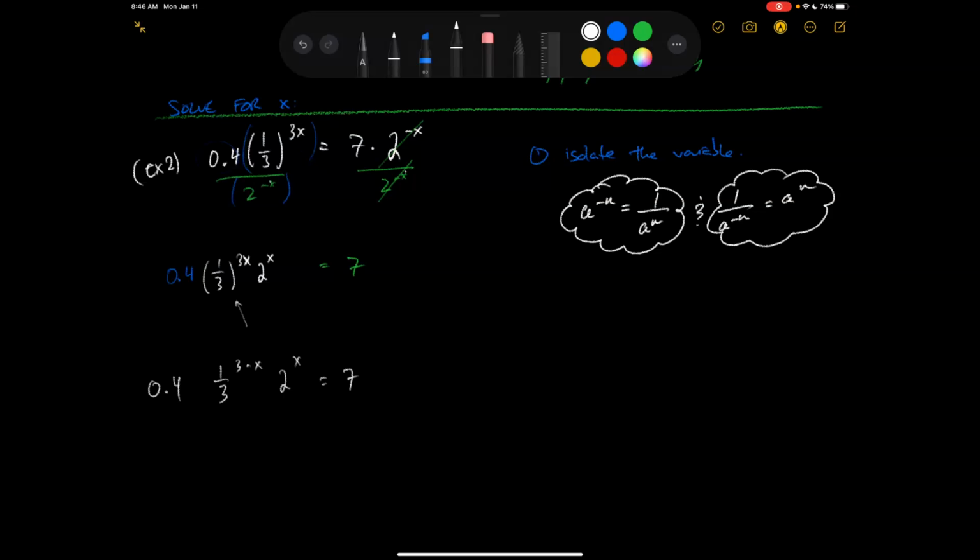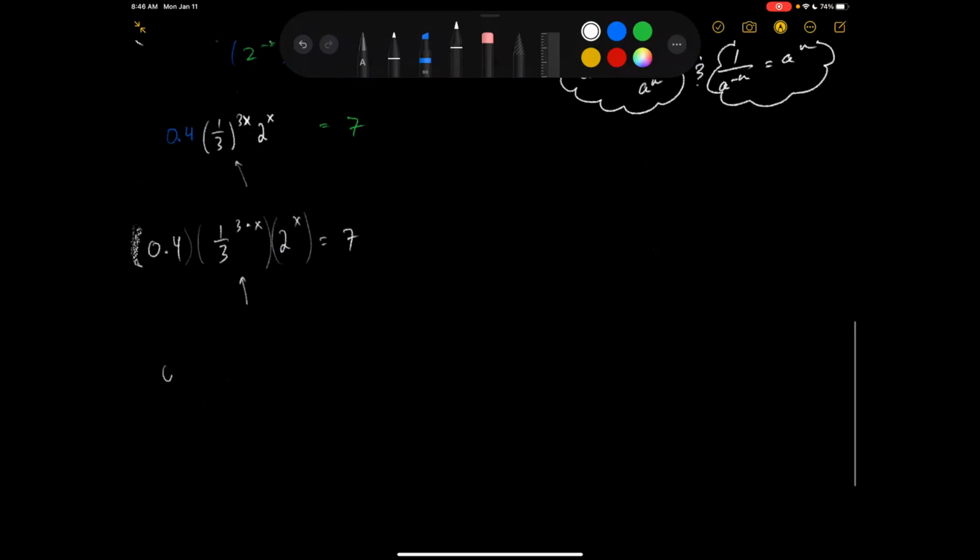Well, if I have a product of two exponents, I know that I can use that property of simplifying exponents and undo it and say this is equal to 1/3 to the 3rd power to the x power, right?